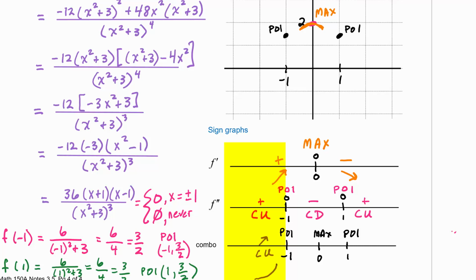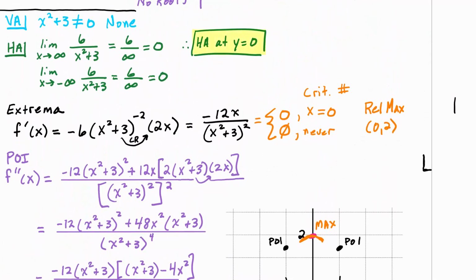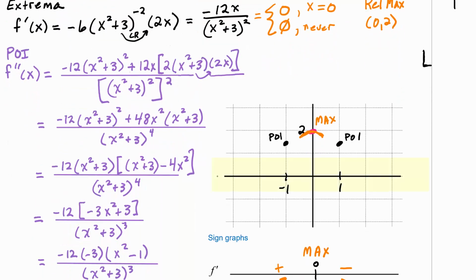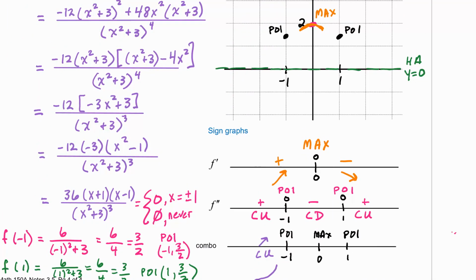Now we also have to remember that we have a horizontal asymptote at y equals 0. So let's get that on the graph. Now, that makes sense with knowing that the graph has to be concave up and increasing.